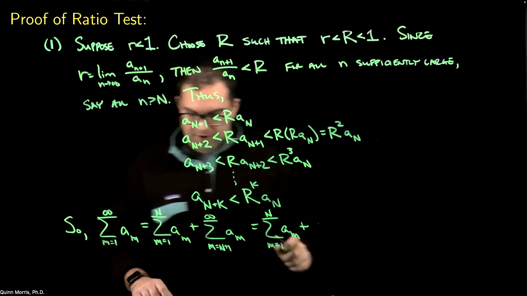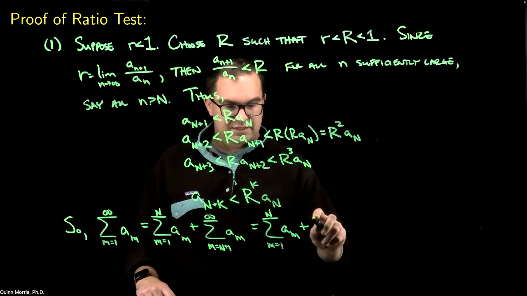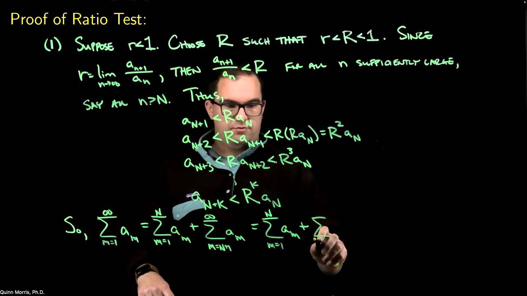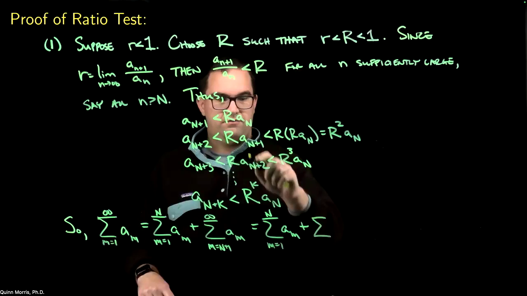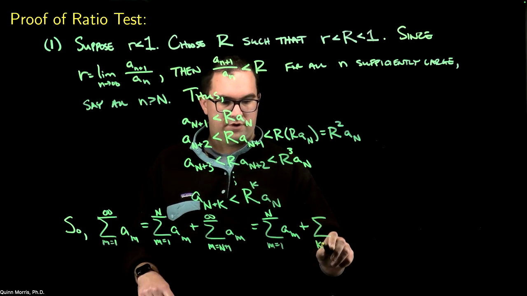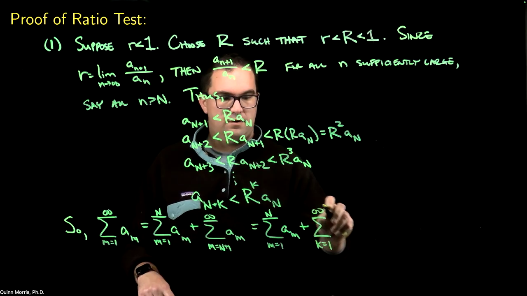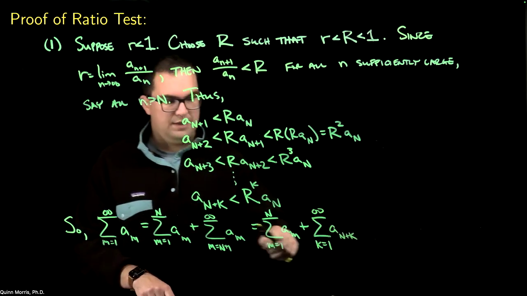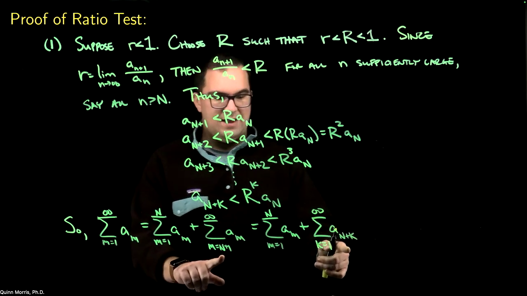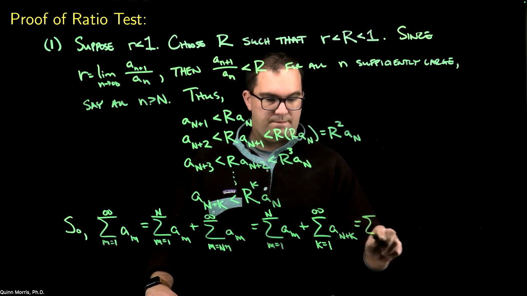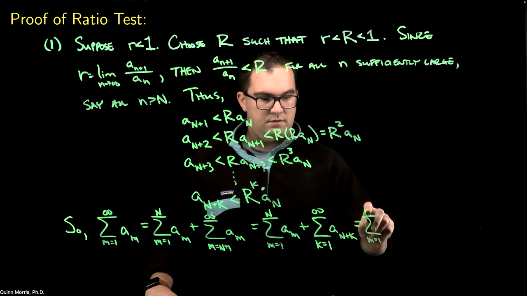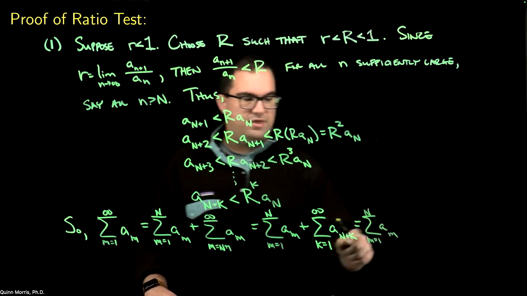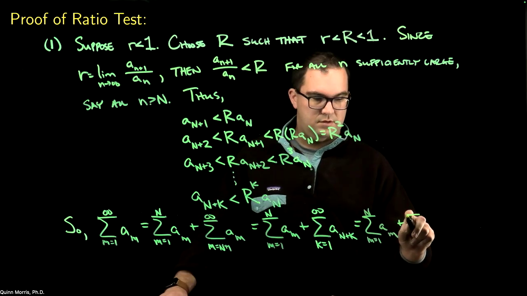So I could express this as the sum, and what I'm going to do here is write this as the sum for k equals 1 up to infinity of a sub capital N plus k. So from here to here, I'm really just reindexing, and I'm only working on this second sum now.